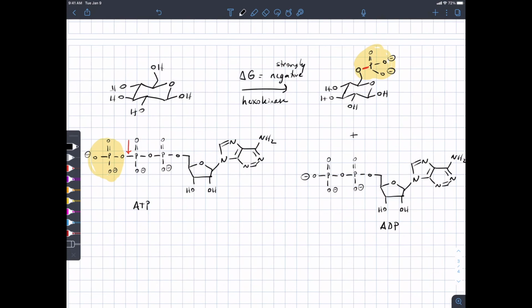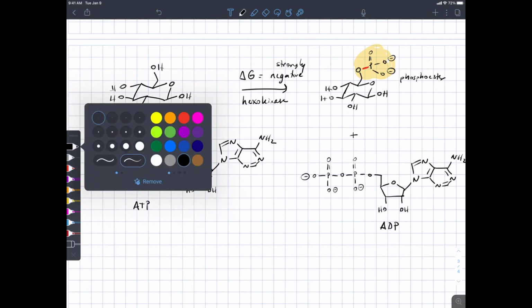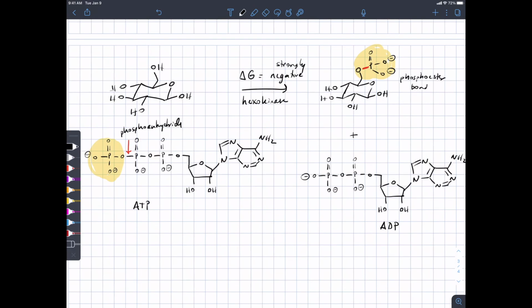This kind of bond is called a phosphoester, and this kind of bond over here is called a phosphoanhydride. That's not important right now, but I will tell you that the phosphoester bond is stronger than the phosphoanhydride bond, and that's what drives this reaction forward. Okay, the fact that we make a stronger bond than we break.